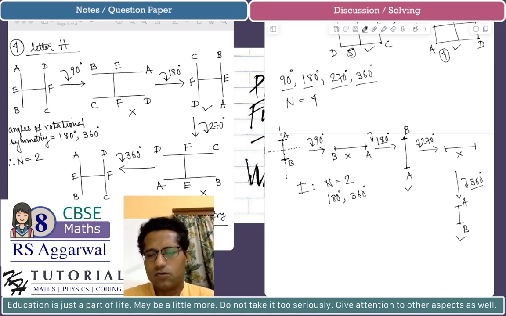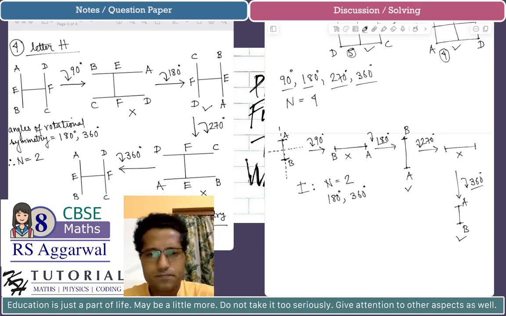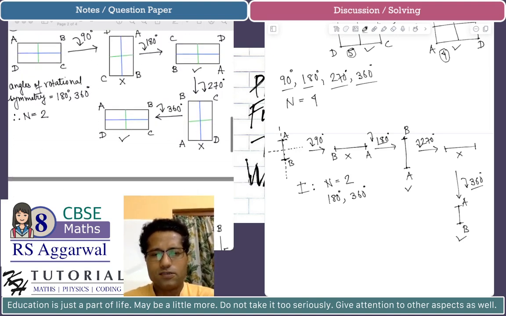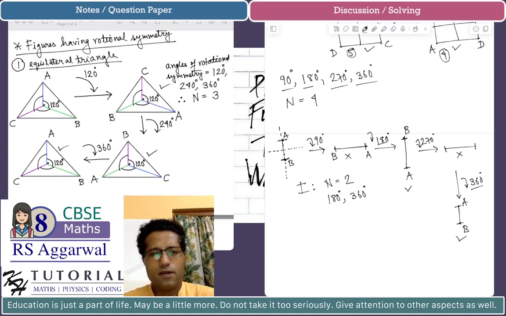If a figure has two lines of symmetry, and the angle between them is 90 degrees, then quite possibly you will rotate the figure each time by 90 degrees to see whether it is becoming identical or not. For example, in the equilateral triangle, the lines of symmetry are 120 degrees apart. That is the reason we were rotating the triangle by 120 degrees to observe angles of rotational symmetry.